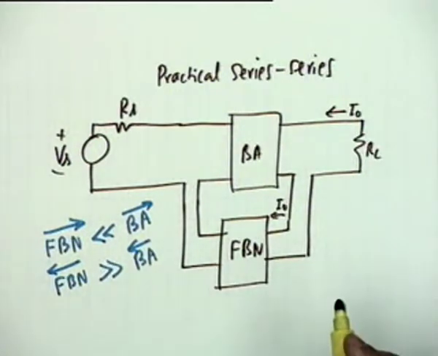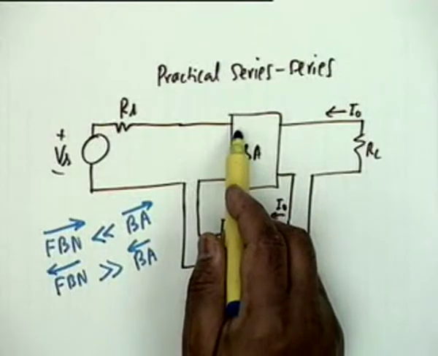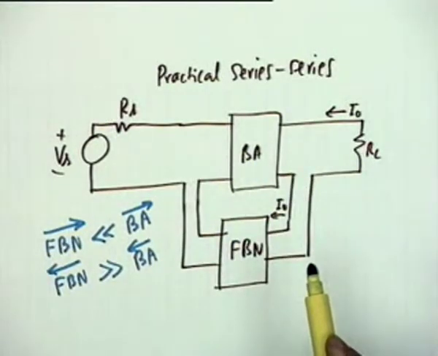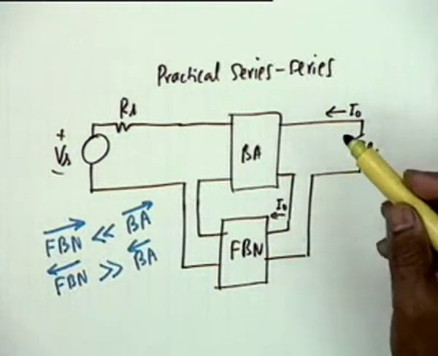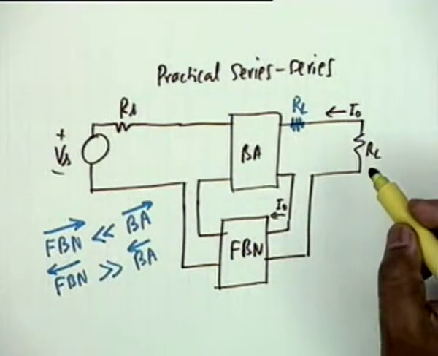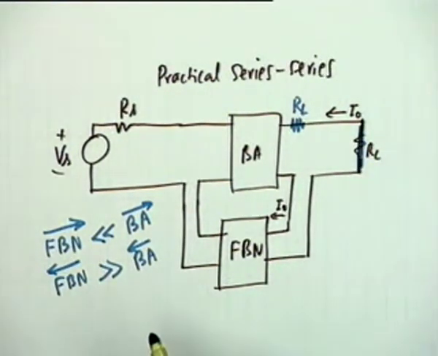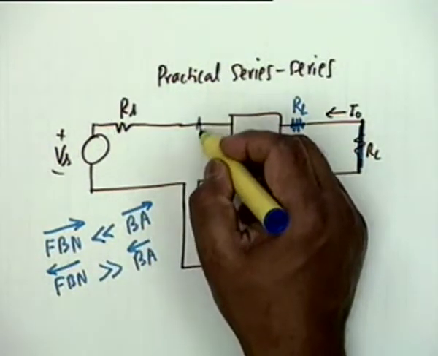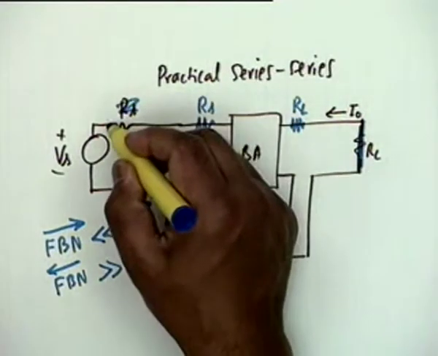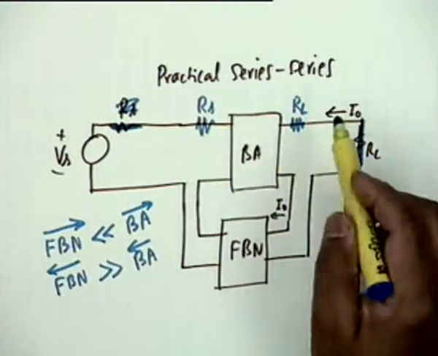One thing I can do very easily is to shift Rs and RL to the basic amplifier. If I include RL here, then obviously this would be a short circuit. That is what I wanted: I wanted the output to be short circuited. If I shift Rs here, then this is a short circuit, and therefore in the basic amplifier Rs and RL come in series. Agreed?